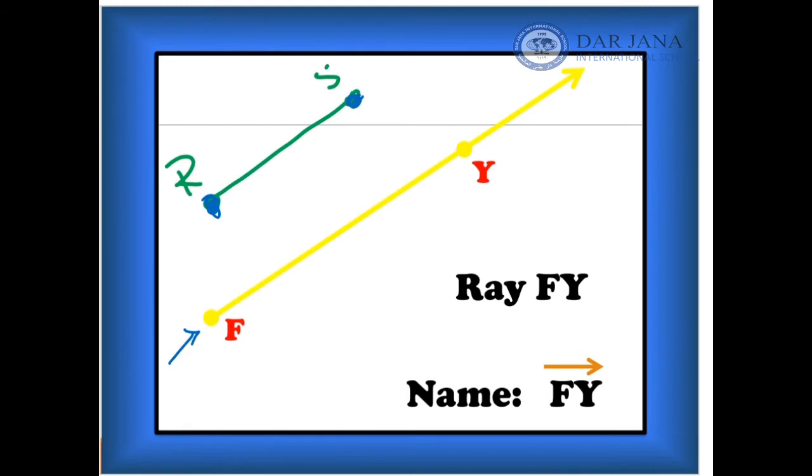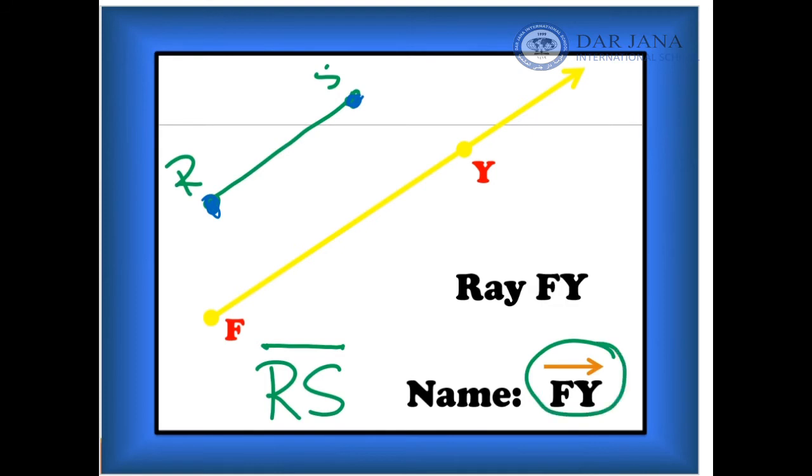It's very close to the way of naming the ray, but instead of an arrow, I'm going to name it like this, R S, and I'm just going to put a dash, as it's a line segment that stopped on both sides. Like this I name the line segment, and here is the way of naming the ray.